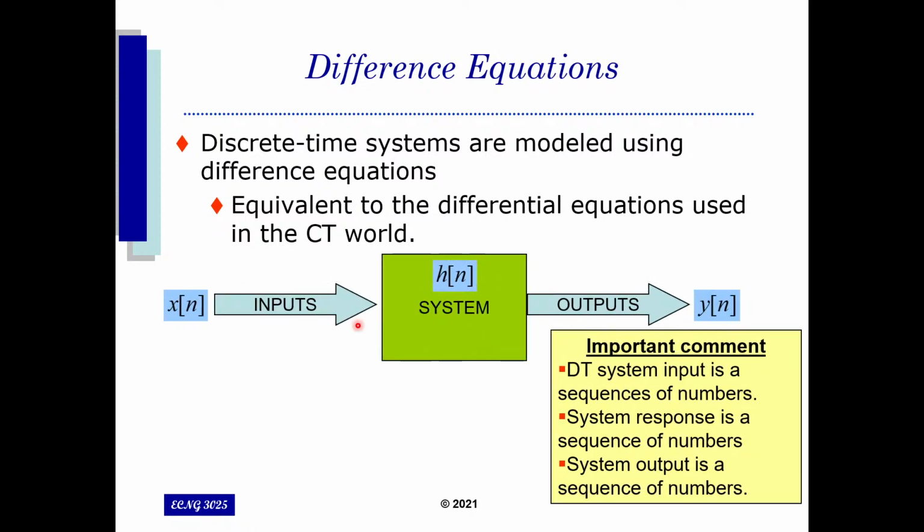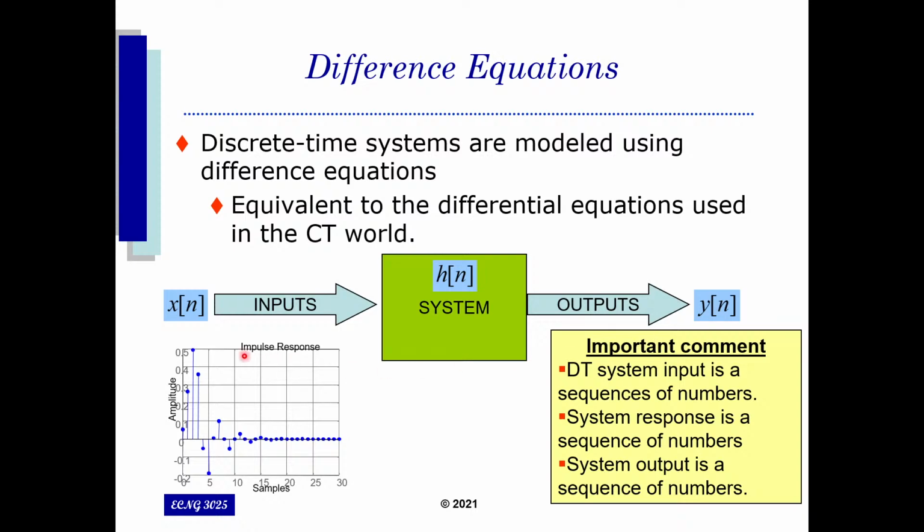Just to backtrack a little bit, if we had an x of n going into a system of h of n to produce a y of n, where we had some impulse response being formulated here, basically because we're dealing with a sequence of numbers, and the system output is also going to be a sequence of numbers, we're going to have to use a differential equation equivalent of the continuous time to represent this in discretized time, which is going to be difference equations, which is required to represent the behavior of our system.